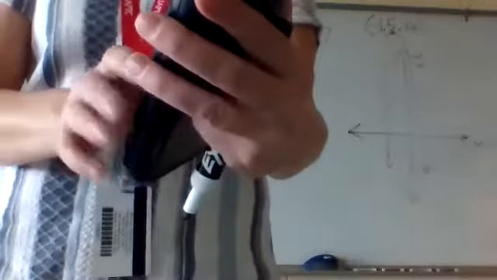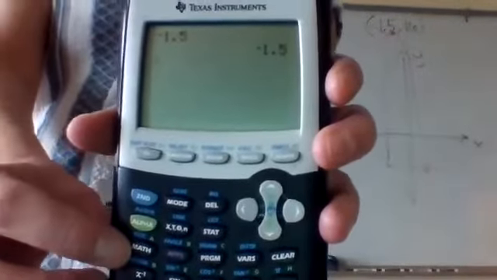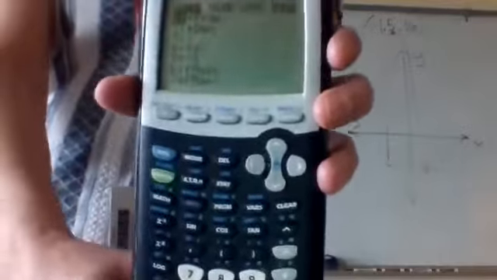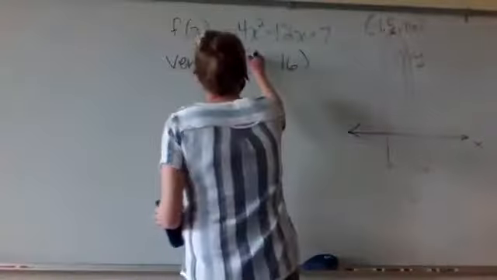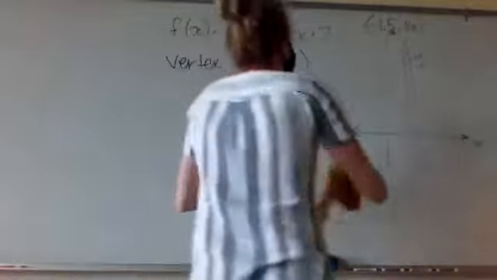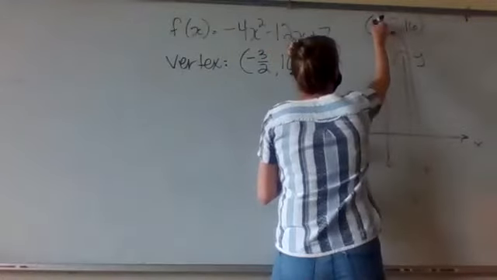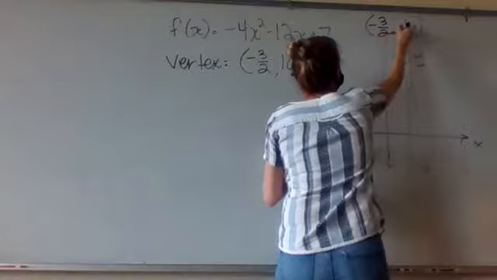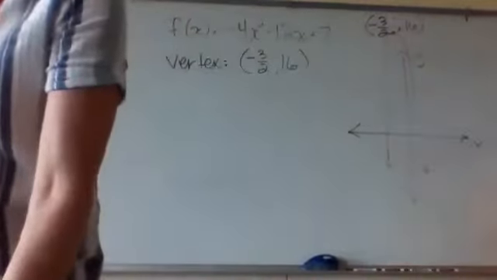Hit enter, and then, how do you turn decimals into fractions? With your math button. Math, and then hit enter twice. So there's that number as a fraction, negative 3/2. So negative 3/2, 16 is going to be the first answer because that's the vertex.